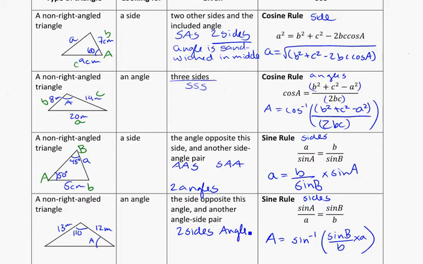The angle is not sandwiched in this case. The angle is actually on the side. So I need to come up with a different diagram. Sorry, we'll change that to this side here, and we'll call it 40.